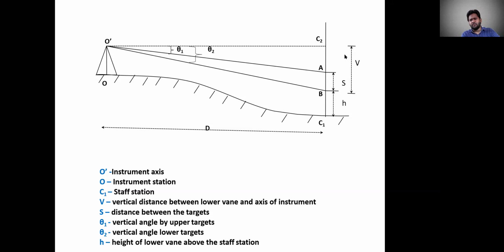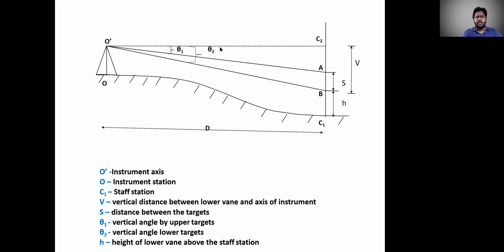So the distance between the instrumental axis and this point is known as the vertical distance, that is capital V. Small s is the distance between the targets, and H is the height of the lower vane above the staff station.